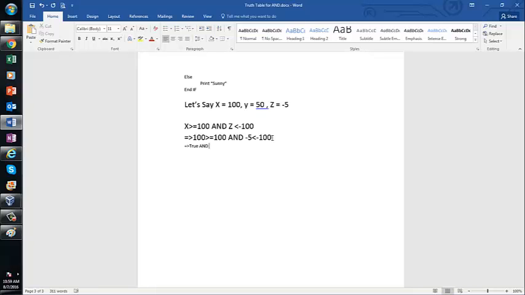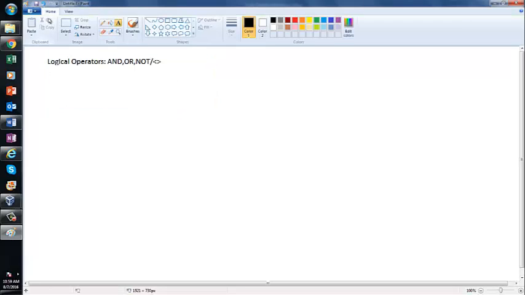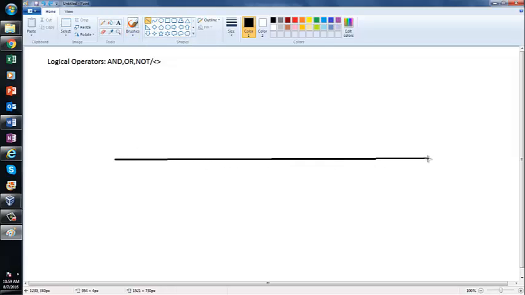Okay, so take a look here. Actually this is to help you. Let me draw a number line. Let's say this is the x and y axis.